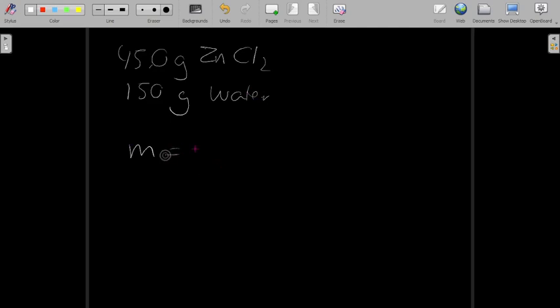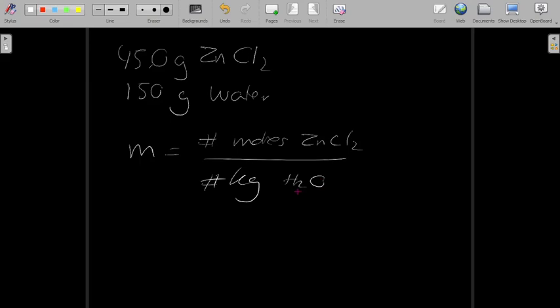Well, molality equals number of moles of what? The solute. Who is the solute here? The zinc chloride, divided by the number of kilograms of the solvent. Who is the solvent? The water. Well, the universal solvent, water. Do we have moles and do we have kilograms? No, we don't. But we can find out.